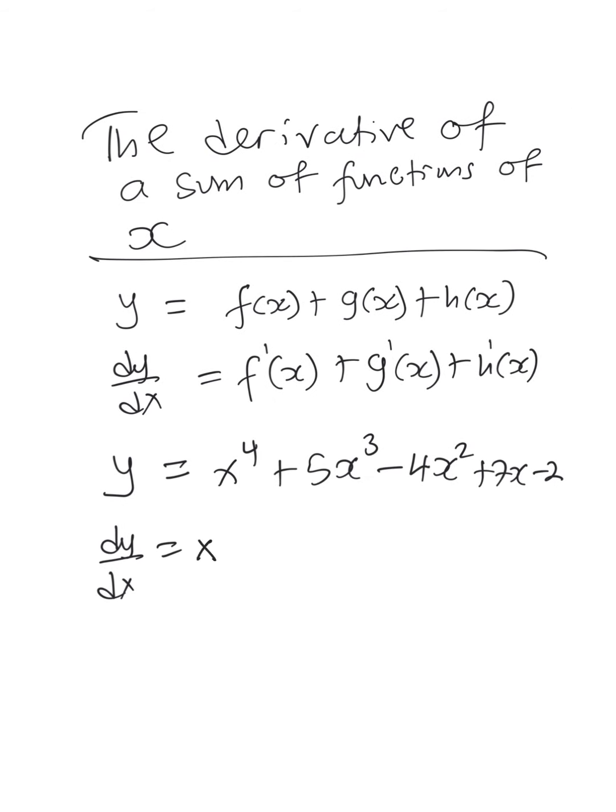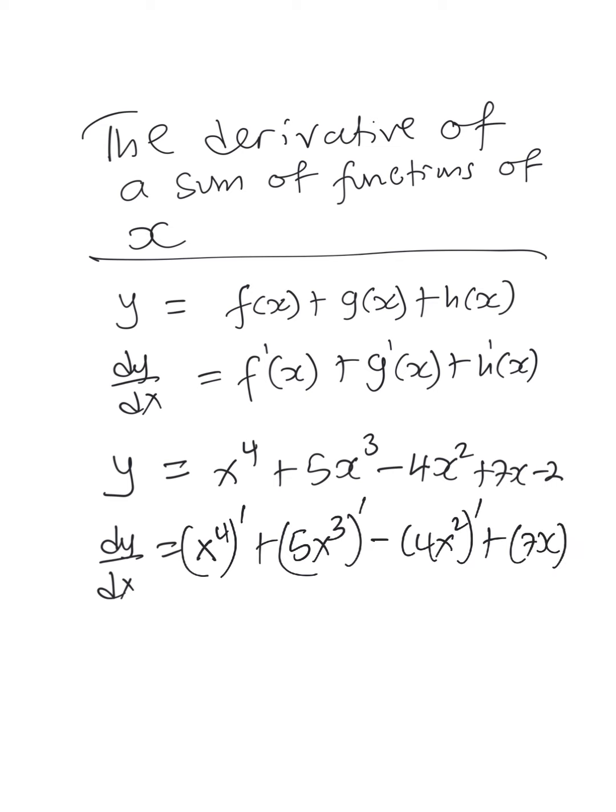So we need to have the derivative of x to the 4, plus the derivative of 5x cubed, minus the derivative of 4x squared, plus the derivative of 7x, then minus the derivative of 2.